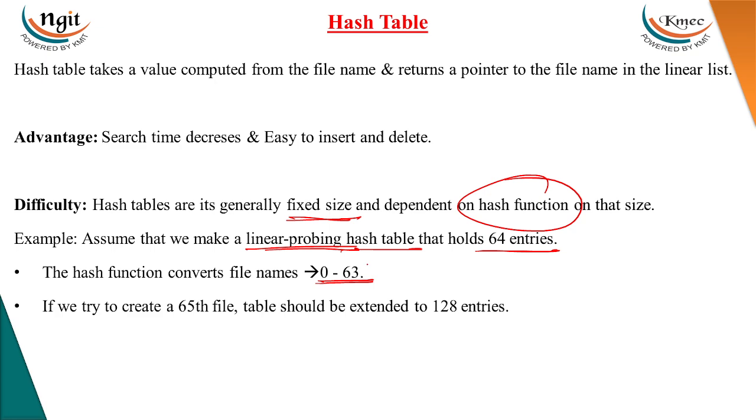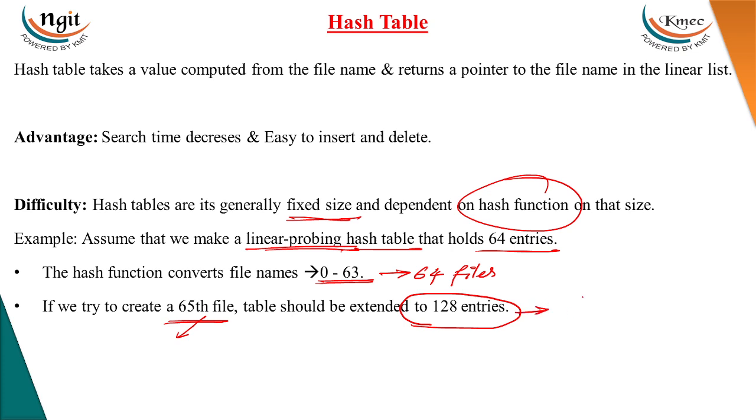So what is the maximum number of files that we can create? 64 files. If we try to create one more file, the 65th file, we need to extend the hash function range to 128 entries.